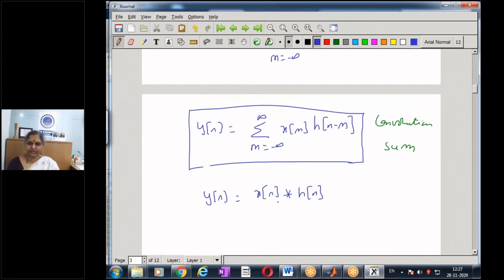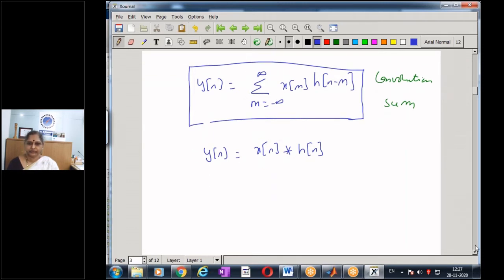This representation implies the summation over m equal to minus infinity to infinity of x of m h of n minus m.